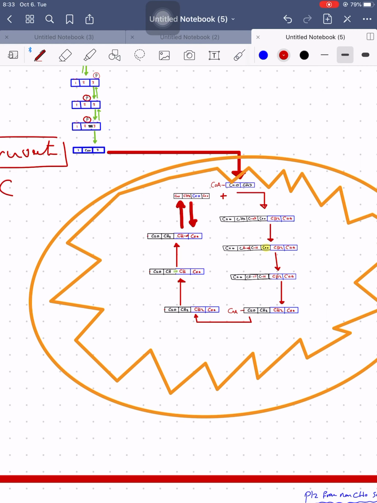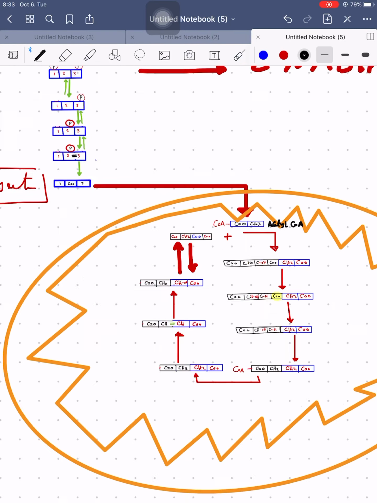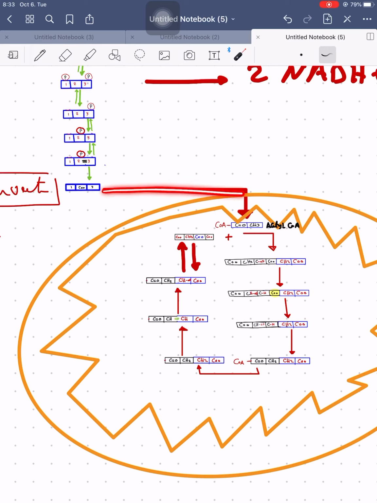Then the pyruvate travels from the cytosol to the matrix of the mitochondria, and while it is transported to the matrix, pyruvate is converted to something called acetyl coenzyme A. That process, which you can see here in red, is called the transition step or pyruvate oxidation. Exactly what happens is oxidative decarboxylation.